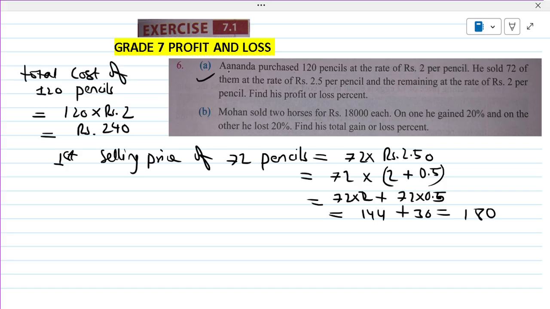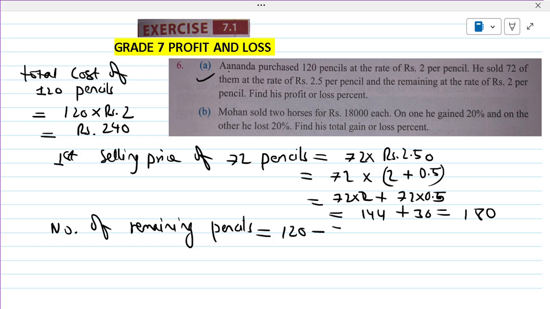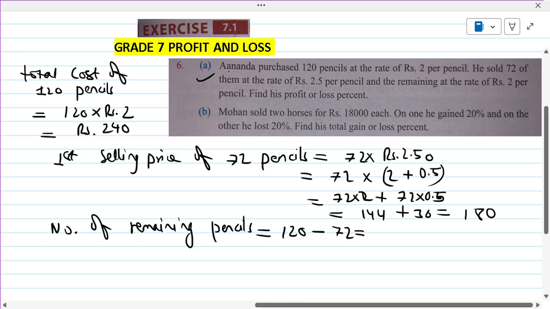And now we go for finding the selling price of the remaining pencils. So first we find the number of remaining pencils. That equals the total he had purchased, 120, and out of this 72 has been sold. So 120 minus 72.